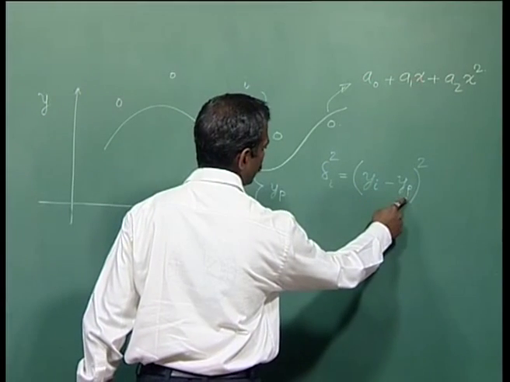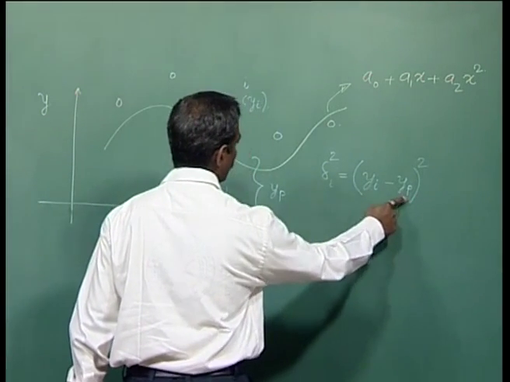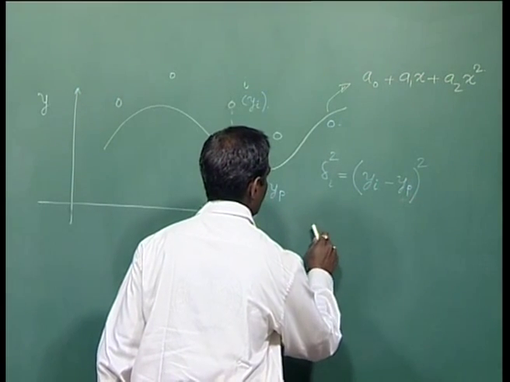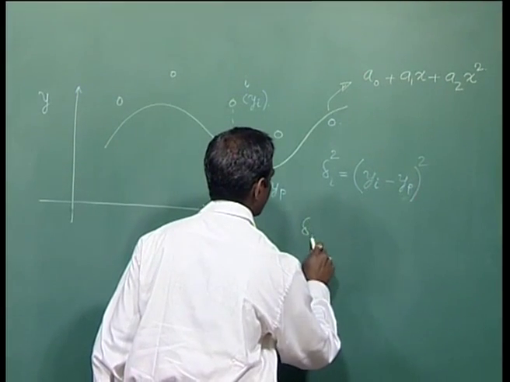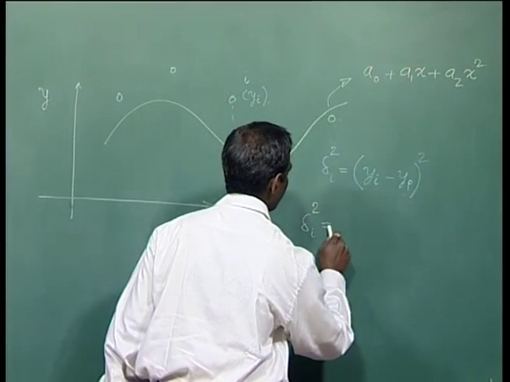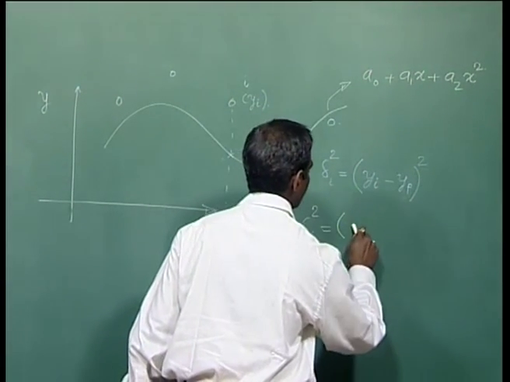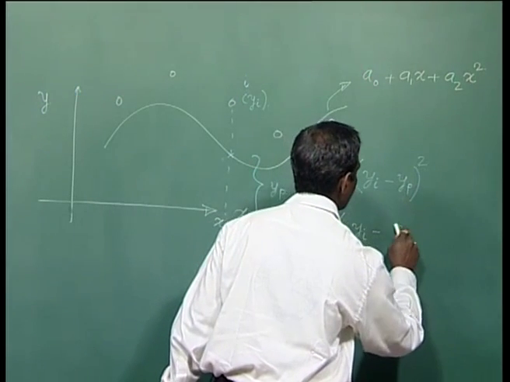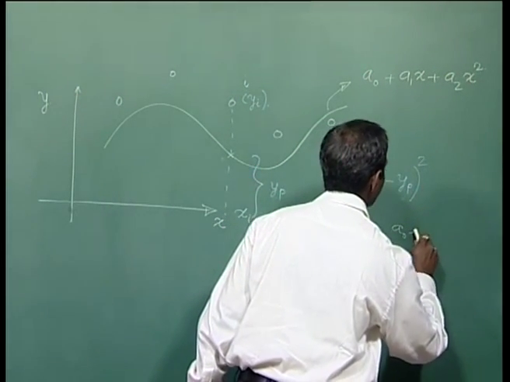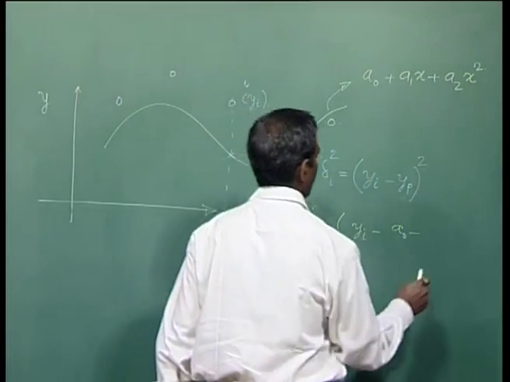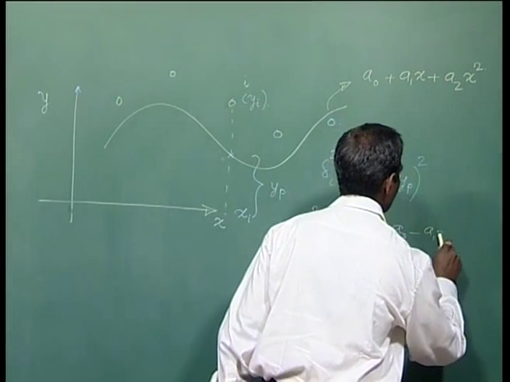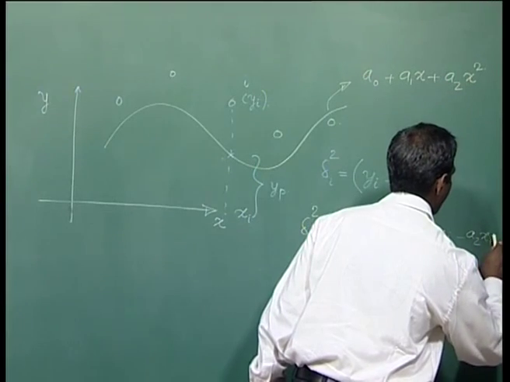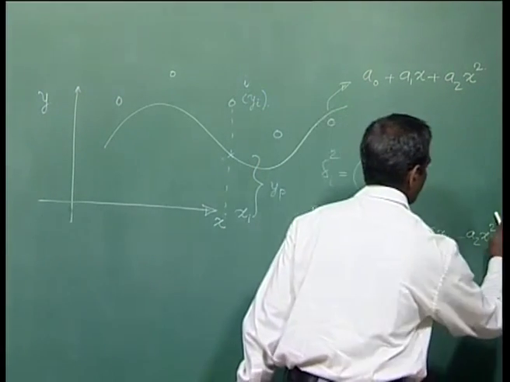So the predicted value yp for x equals xi will be given as, well, in fact, let me compute the error. This is yi minus yp, which will be a0 minus a1 xi minus a2 xi squared, the whole square.